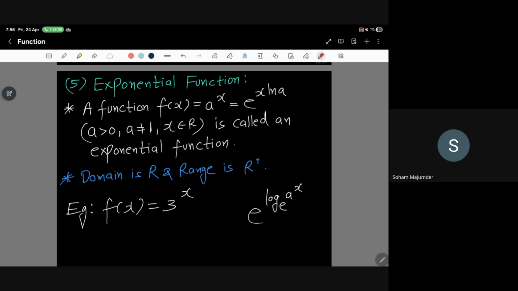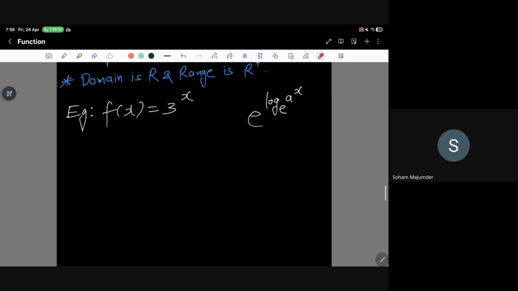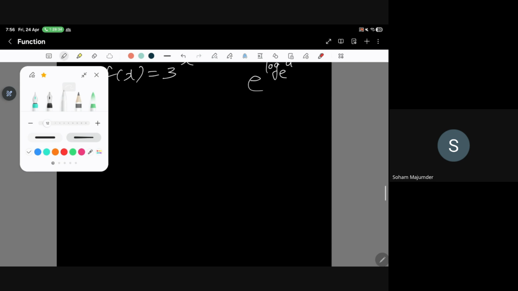Now coming to the graph of the exponential function. There are two graphs, depending upon the nature of the base.